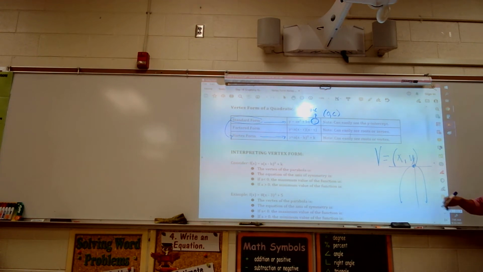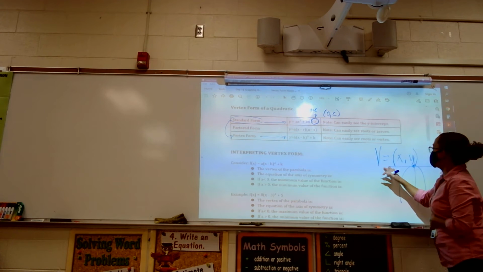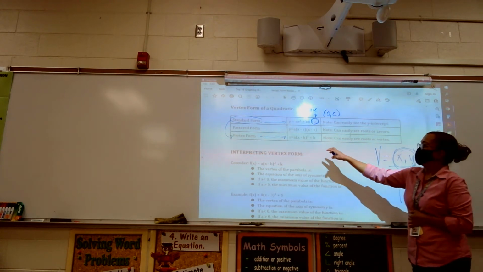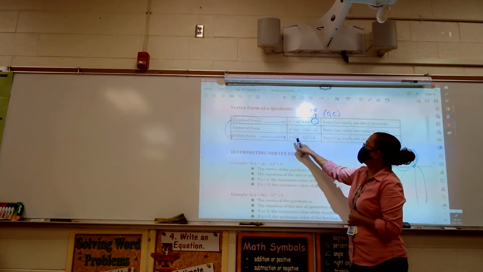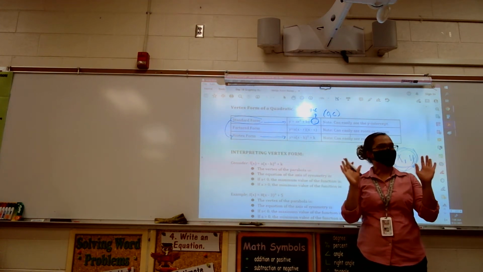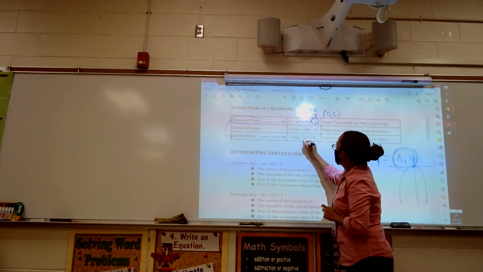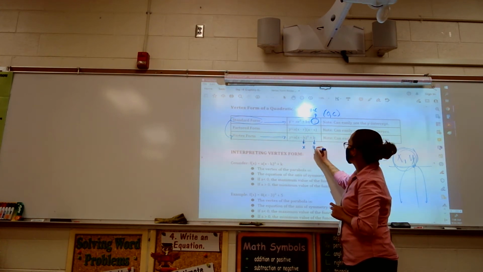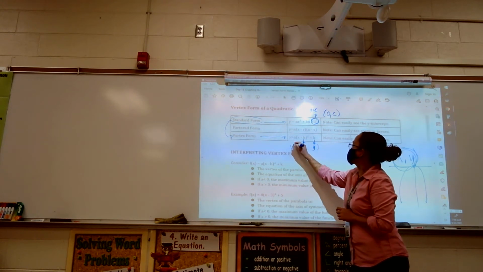We're good? Okay. Now, in a vertex form, we're getting all of this information in this form. I know there is an X here and there's a Y, and that might be confusing to everyone, but this H right here will serve as your X, and your K right here will serve as your Y. And that will still be a vertex.